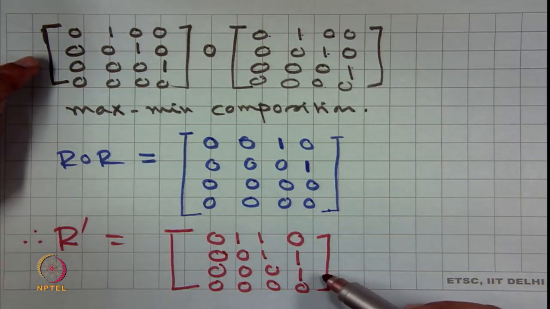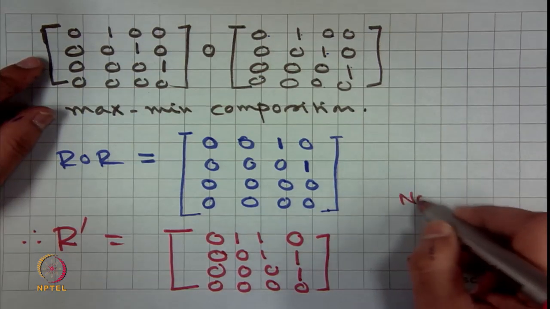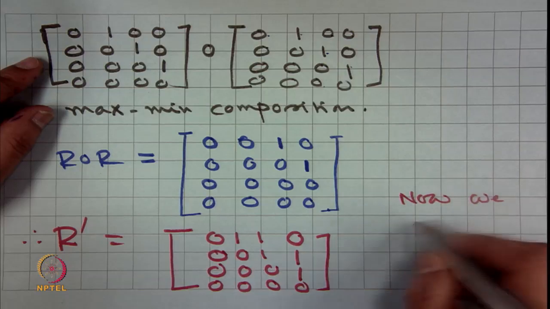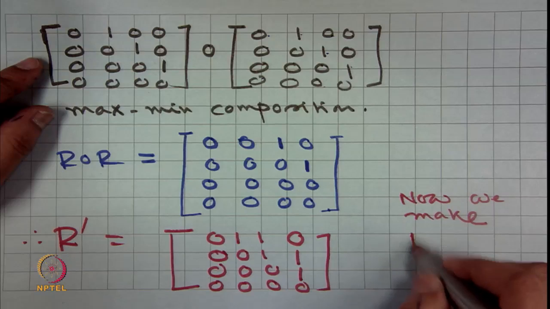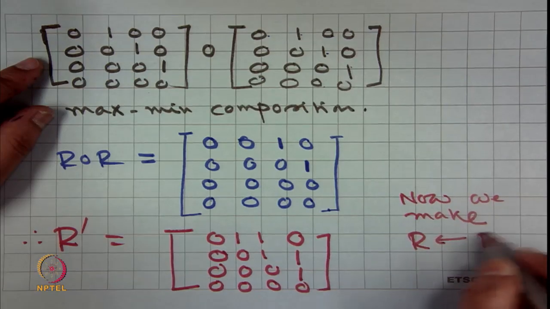Since it is different from original R, now we make R equal to R prime.